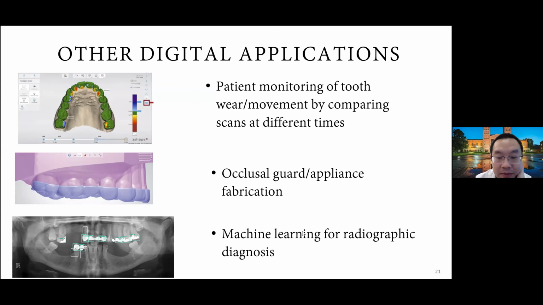This is machine AI for radiographic diagnosis, which usually gives you a better diagnostic tool based on a given particular radiograph, biopsy, or even panoramic X-ray. The software's algorithms might be able to tell if there's caries.